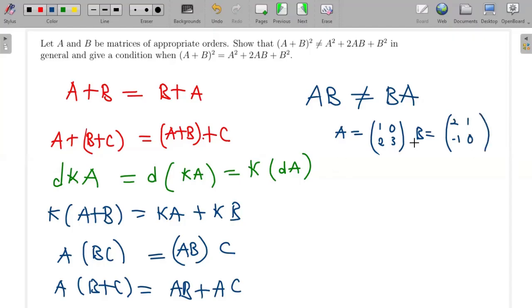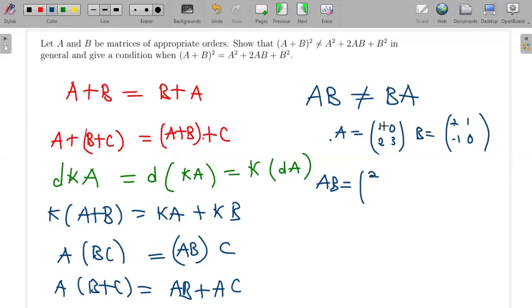Okay, so if I multiply A and B, it won't be the same as when I multiply BA. So let's try to prove it. AB will be equal to 1 multiplied by 2, that will be 2. Then 0 multiplied by this, that will be 0.